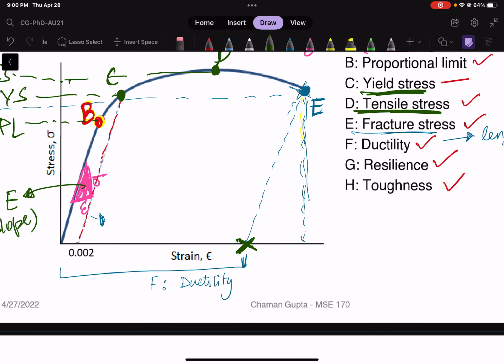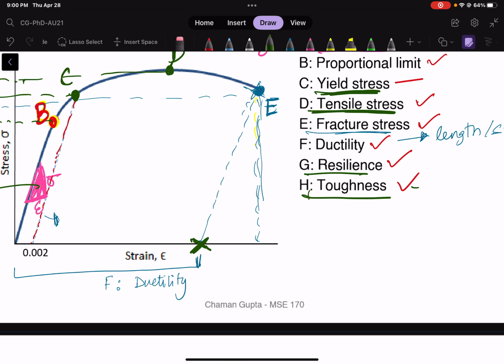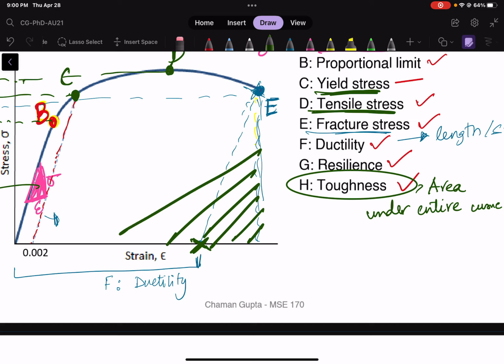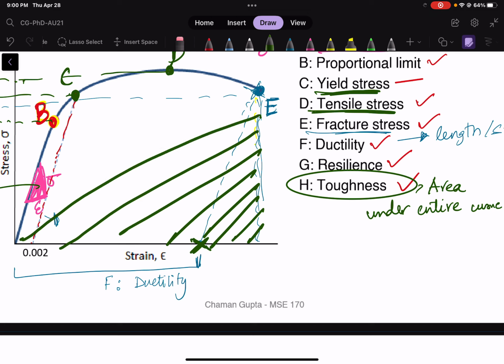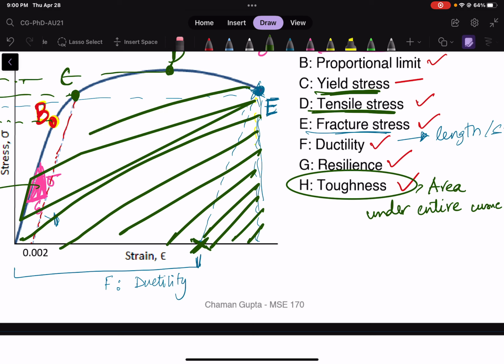And then you have the last two values, resilience and toughness. Toughness is the area under the entire curve. So I'm going to mark it with the green color. So literally this entire area under the curve.